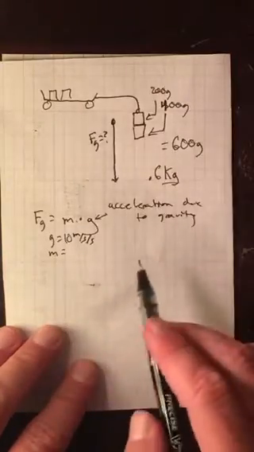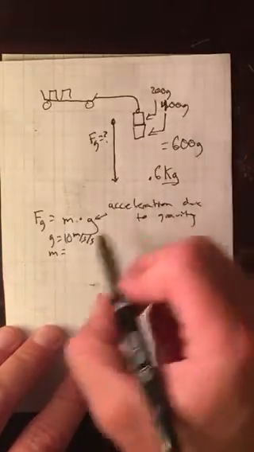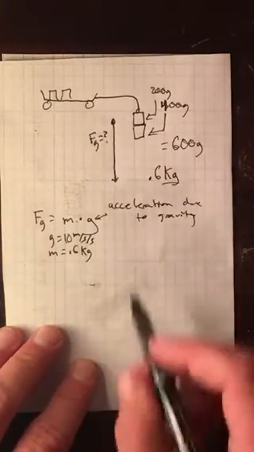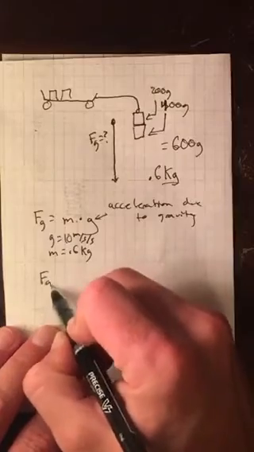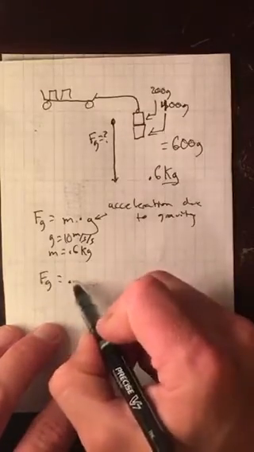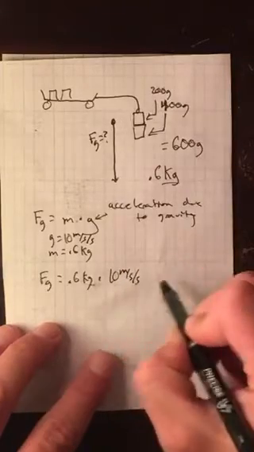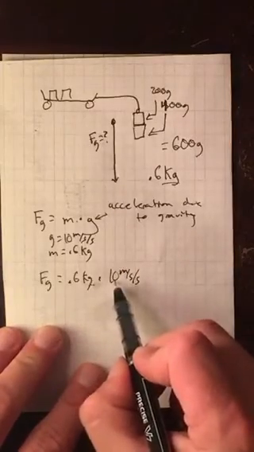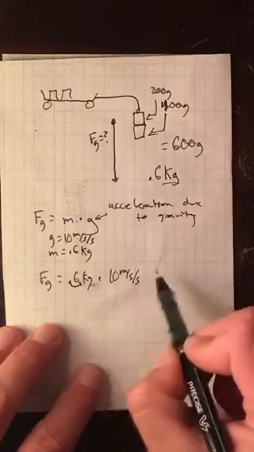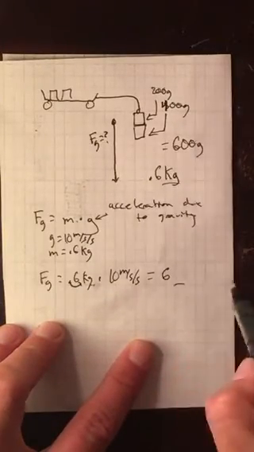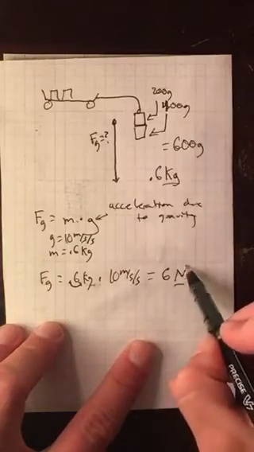That's 10 meters per second each second. The mass is now 0.6 kilograms. And now it's as easy as plugging and chugging. Force due to gravity equals 0.6 kilograms times 10 meters per second per second. All you got to do when you multiply anything by 10, you just move the decimal place over. Now we have 6. What's the units? Newtons. We have 6 newtons.